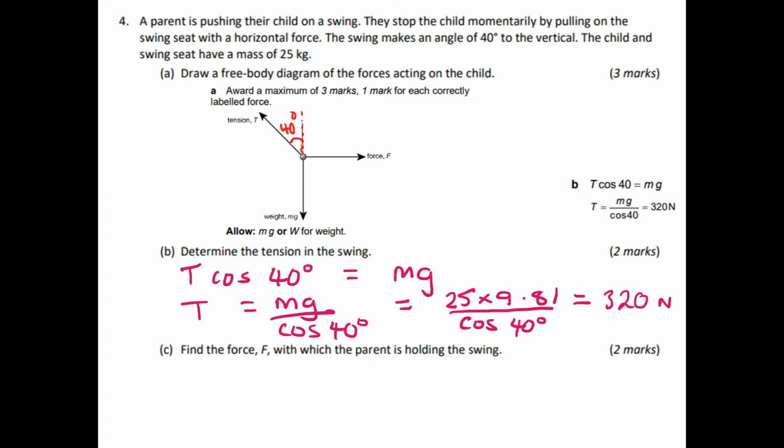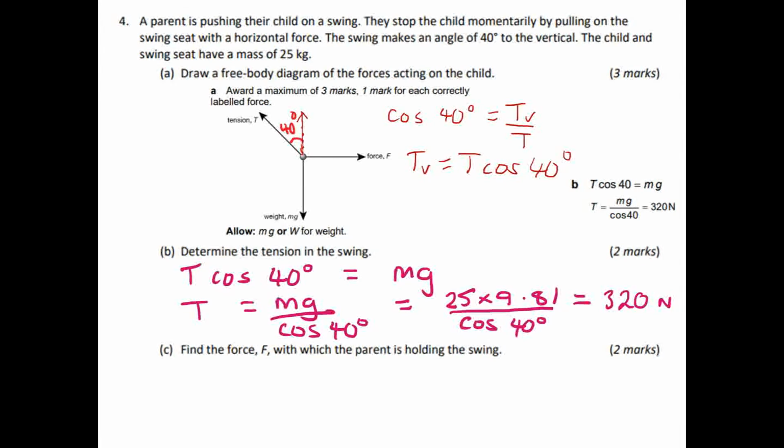We're looking to find this component here, and we're given the hypotenuse. So we want the adjacent, we're given the hypotenuse, we're going to be using cos. So cos of 40 is equal to the vertical component of the tension over the hypotenuse. So the vertical component of the tension is equal to T cos 40 degrees.